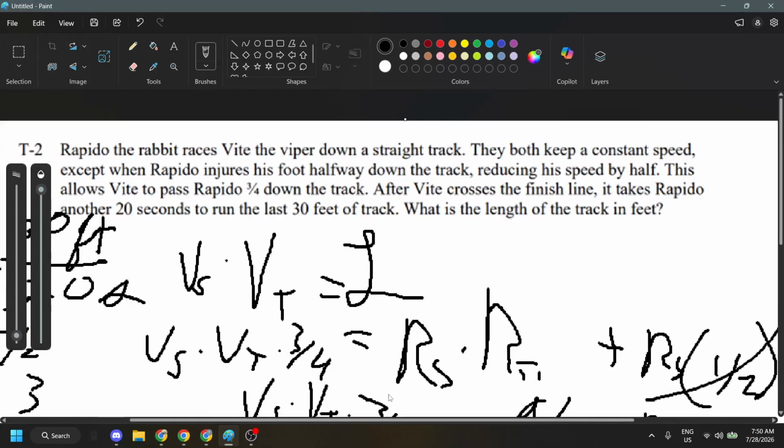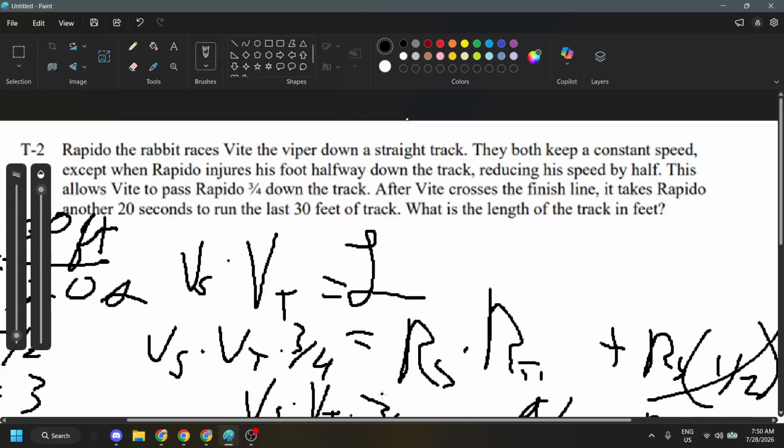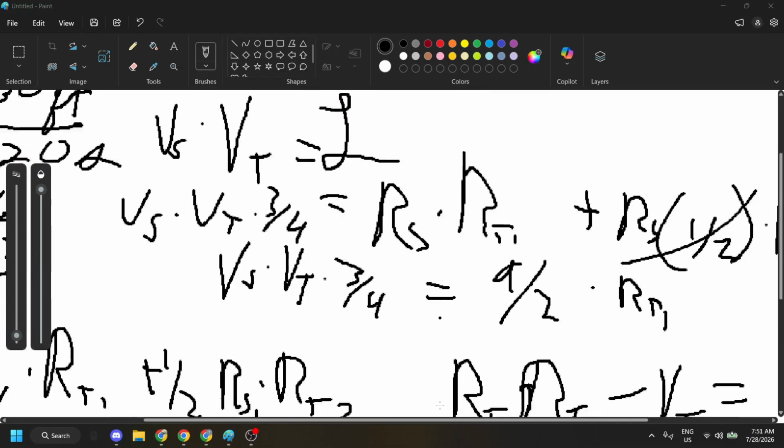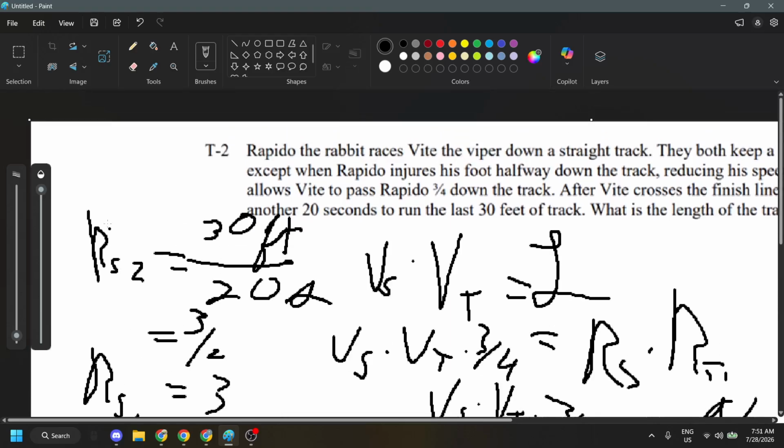Oh, so for us, what is the length of the track in feet? Oh, we don't know. Maybe we can try to graph those.